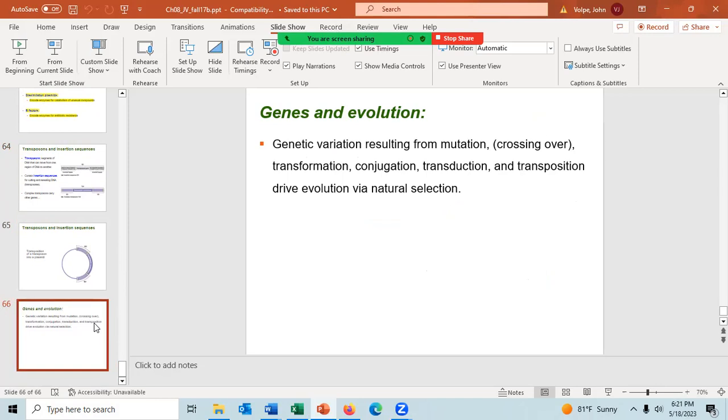Let's talk a little bit about genes and evolution. Genetic variation is differences between genes between individuals, and genetic variation is extremely important to populations. The only way a population can get a brand new gene or genetic variation is by mutation.